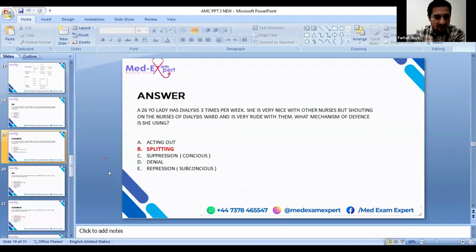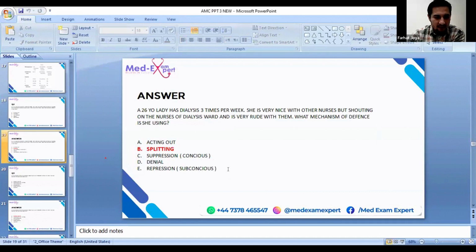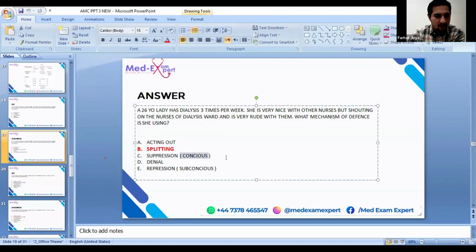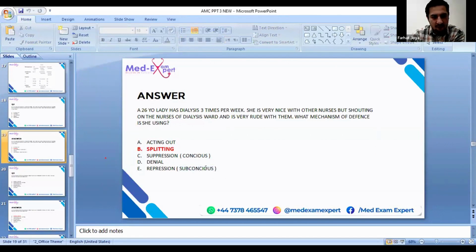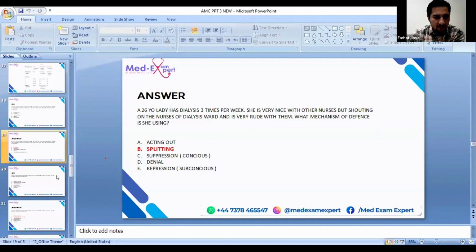Denial usually occurs when there is some grief. Suppression is conscious, where you suppress the unwanted thoughts by yourself, and repression is where you subconsciously repress the thought. Okay, very good. This one was very easy.